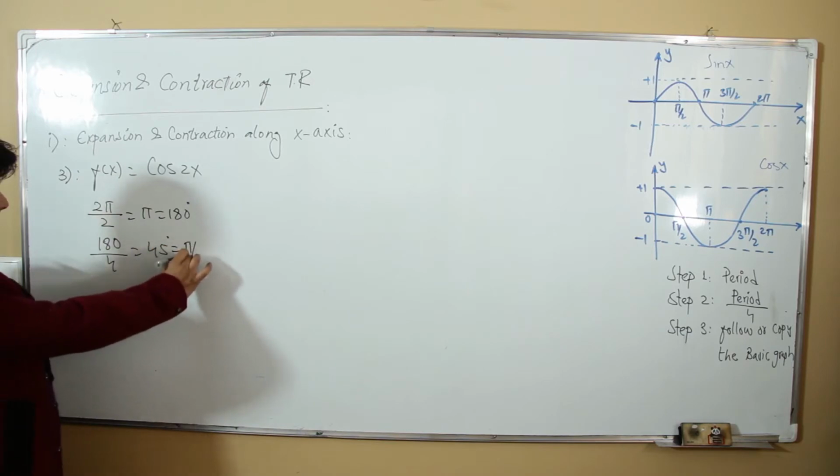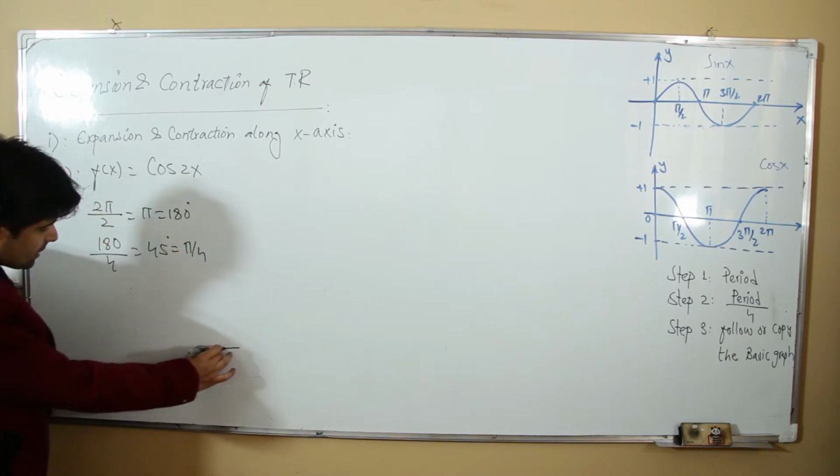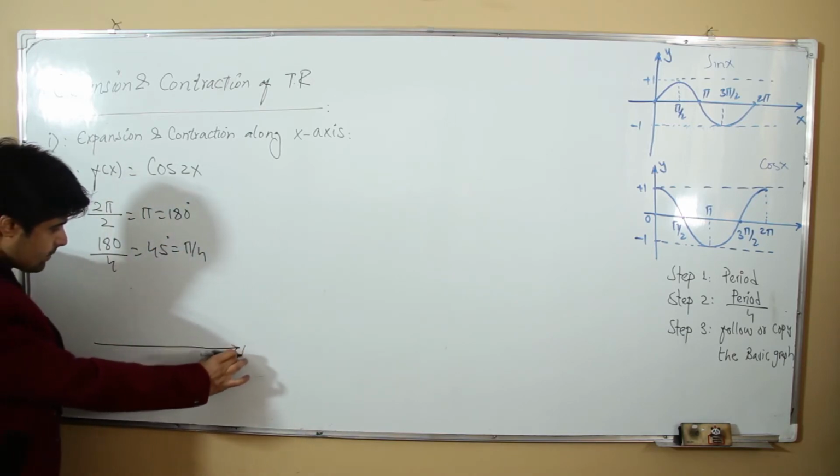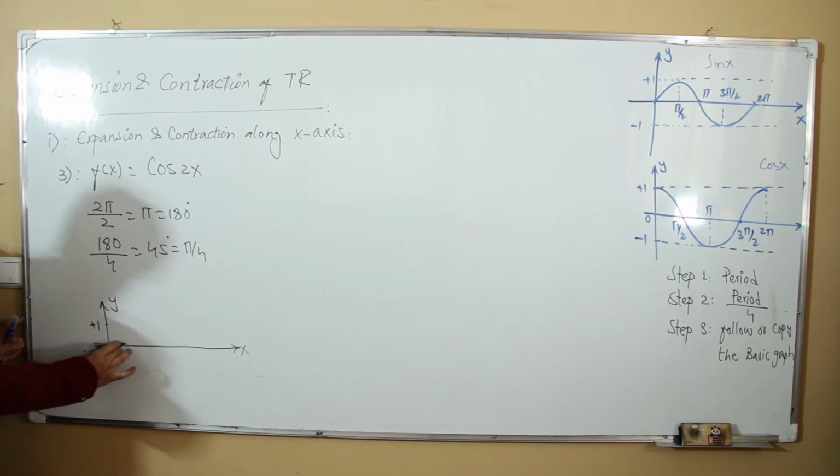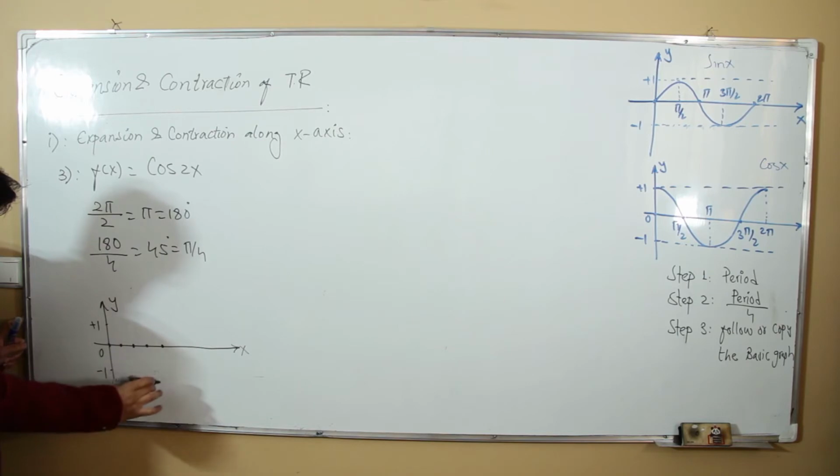Or pi divided by 4. Now this is your x-axis and this is your y-axis. 0, this is -1, this is +1. Now it is 45, 90, 135 and 180.